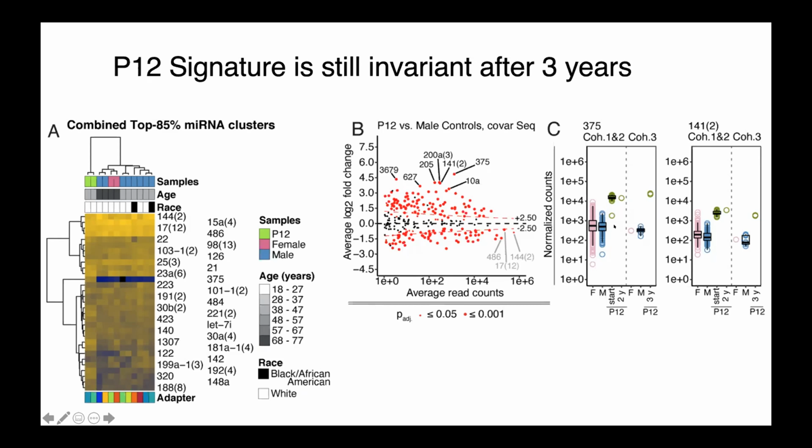Irrespective of the sequencing approach, we had to switch from HiSeq to NextSeq. The relative abundance of this signature based on 375 is really comparable in the first 2-year samples as well as the year 3 sample.